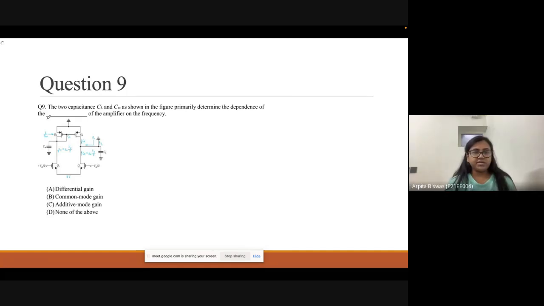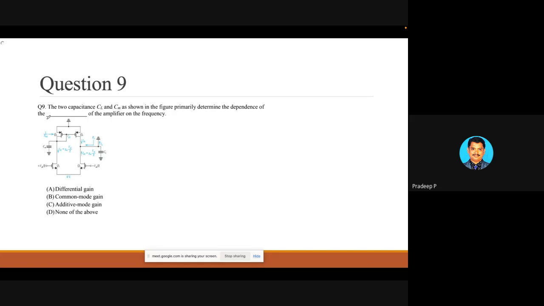This is question number 9. The two capacitances CL and CM, as shown in the figure, primarily determine the dependence of the dash of the amplifier on the frequency. So see the circuit carefully and then try to give the answer. The first option is differential gain. The second option is common mode gain. The option C is additive mode gain, and the last option is none of the above. Madam, can you zoom the question a little bit? Just a minute, I'm trying to.